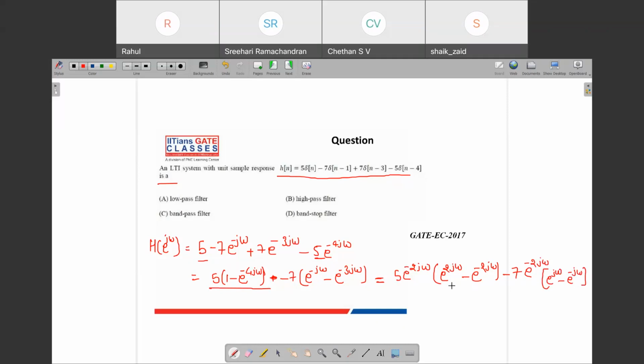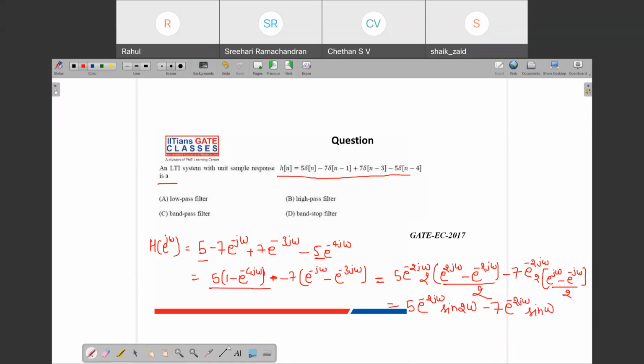Okay. Now you can divide it by 2, and then multiply it by 2. Okay. So you'll get 5 e to the power minus 2 j omega. This will become cos, sorry, not cos. It will be sine here. Sine 2 omega and minus 7 e to the power minus 2 j omega sine omega. There'll be 2, yeah, there'll be 2.